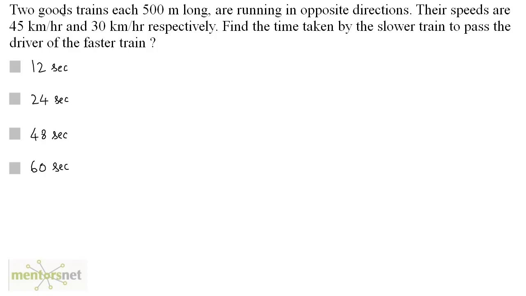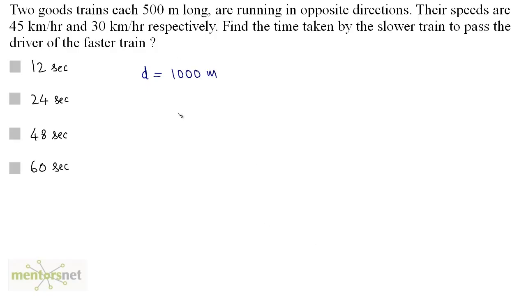So again, we have the lengths of the two trains as 500 meters long. So the relative distance traveled is basically the addition of the lengths of these two trains. So distance is equals to 500 meters plus 500 meters, that's 1000 meters.